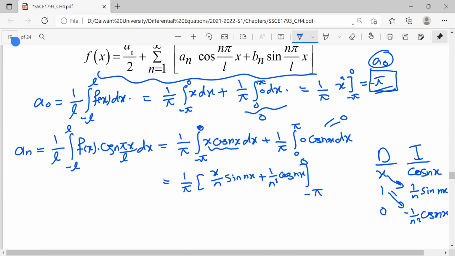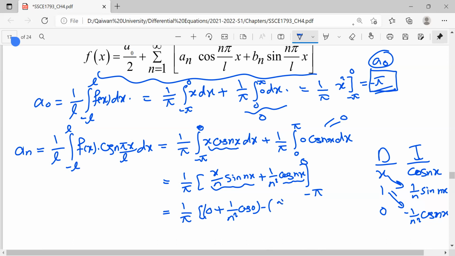First, we replace x by 0, and then we replace by negative pi. If we replace this by 0, we get 0 times sine 0, which is still 0. It's 0 plus 1 over n squared cosine 0. Then minus, we replace x by negative pi.